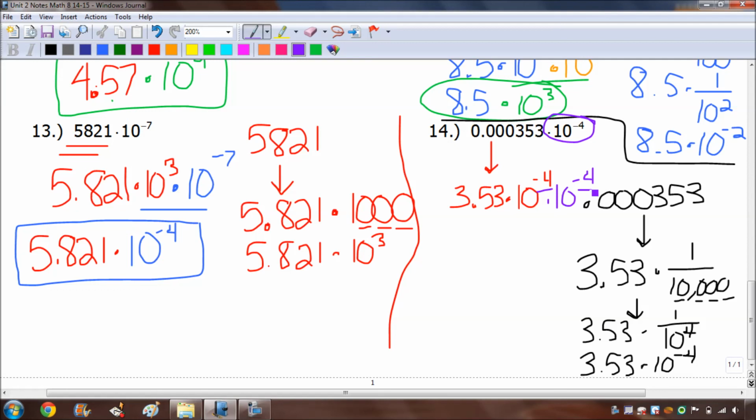So now all I have to do is, again, copy down my coefficient, so I end up getting 3.53, and then, since this is multiplication, I have to add my exponents. Negative 4 plus negative 4 is negative 8. So I get 3.53 times 10 to the negative 8th power.